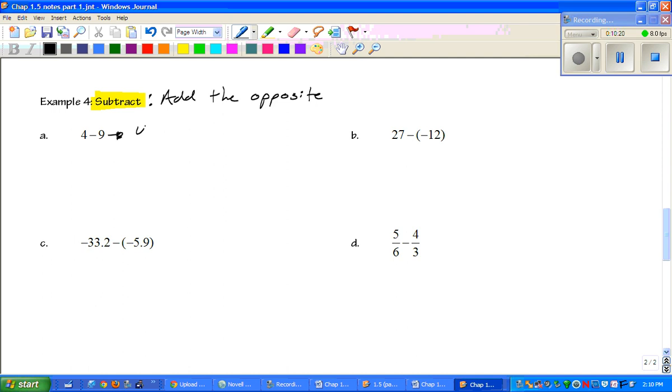So 4 minus 9 is really 4 plus a negative 9. Now we get to play war. What's bigger, positives or negatives? The negatives are bigger. By how much? 5. And that's going to be a negative 5.